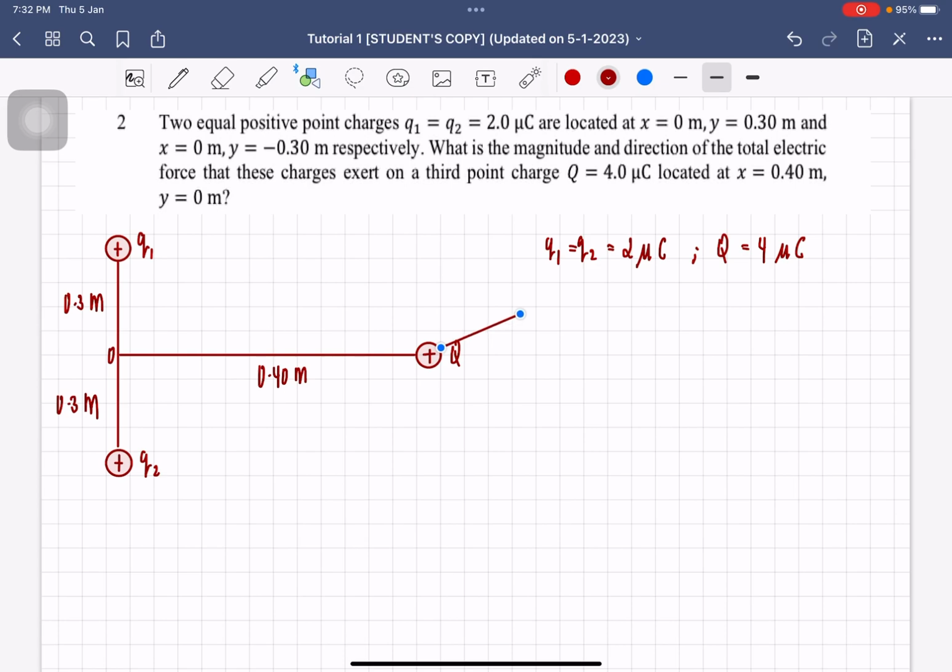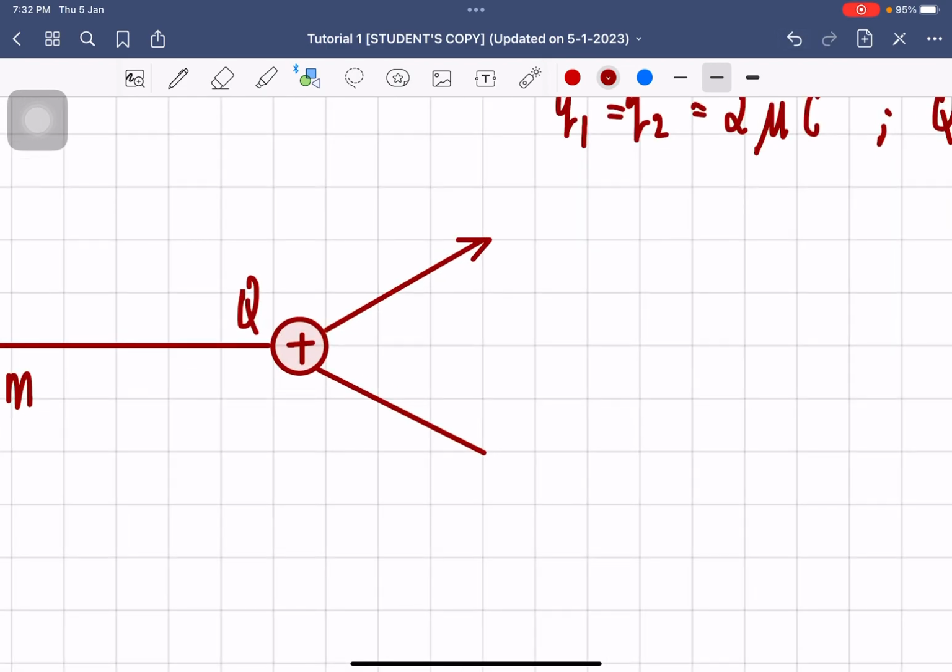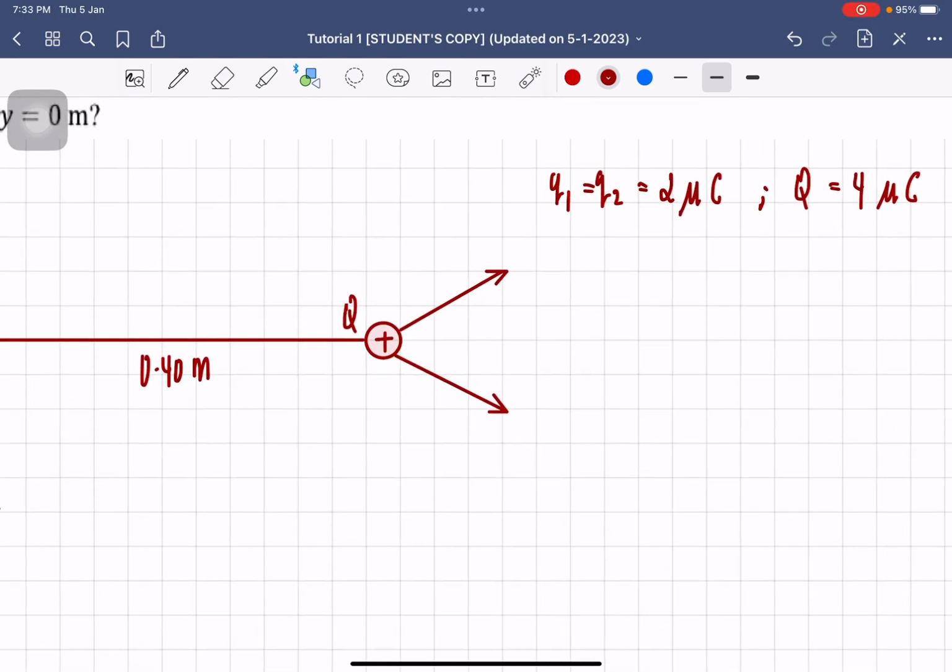It doesn't look right, but it's just a sketch, so it's not really a problem. Both will be pointing away from each other because both are like charges. So all three are positive charges, so they will repel each other.